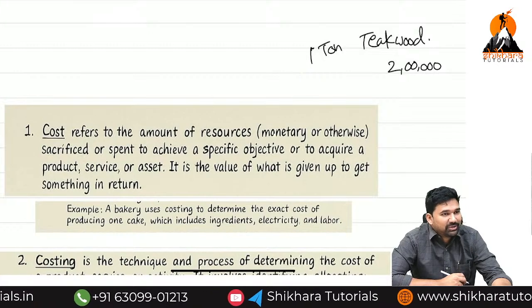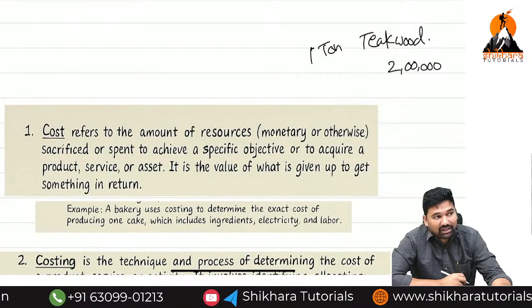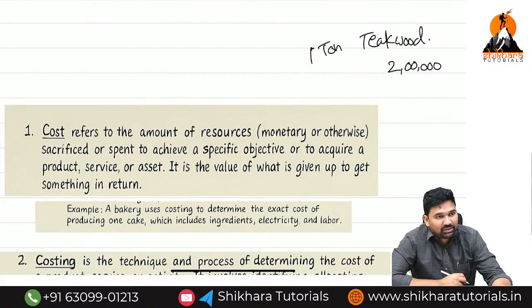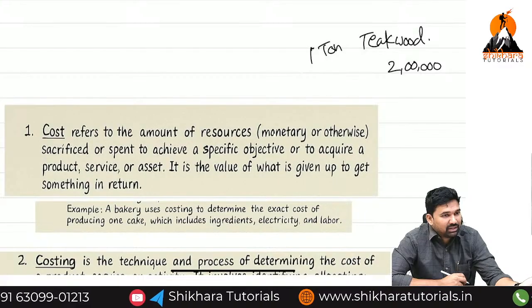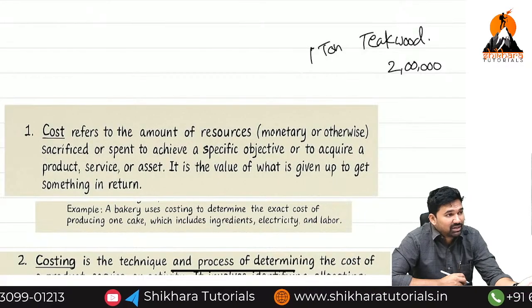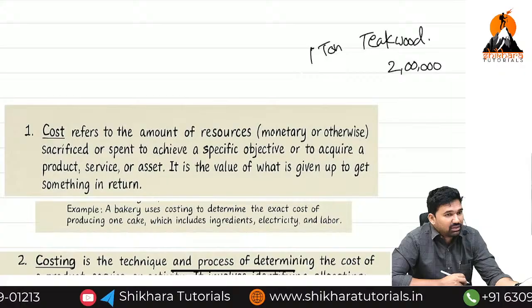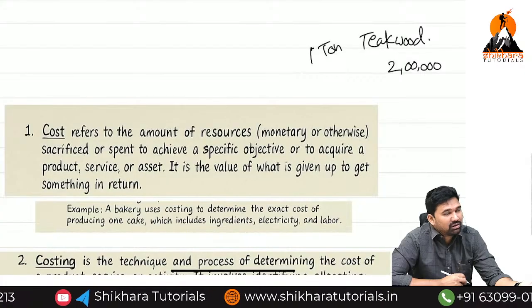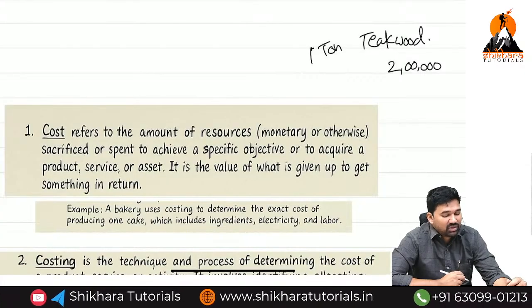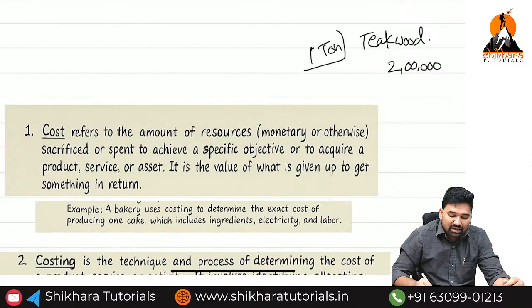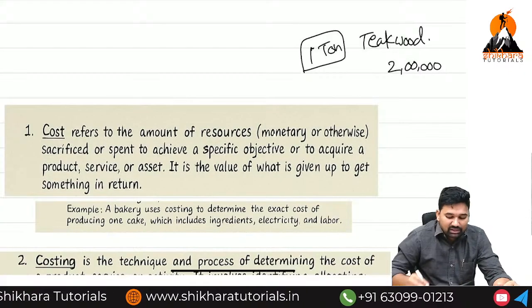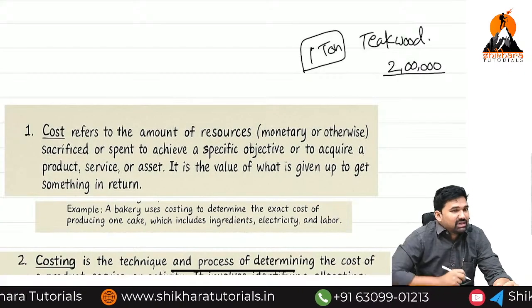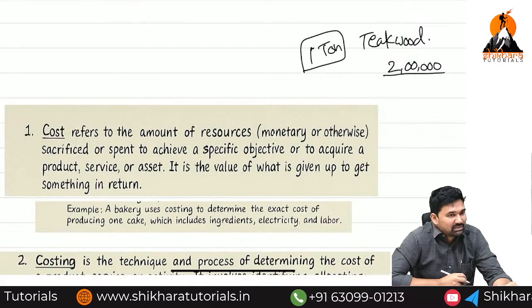You are not going to. Why? You are having 1 ton teak wood from a tree. Who planted the tree? Your grandfather, around 30 to 40 or 50 years back. So you have no requirement to purchase 1 ton teak wood from the market. So 2 lakhs has been saved.